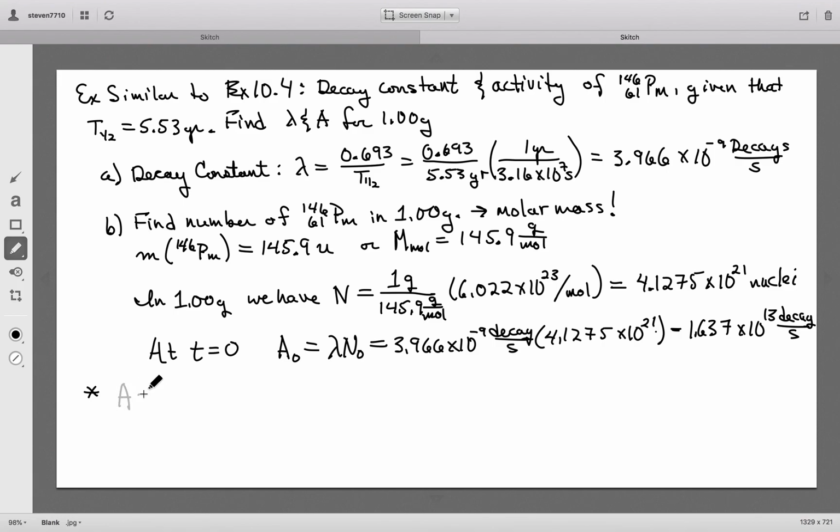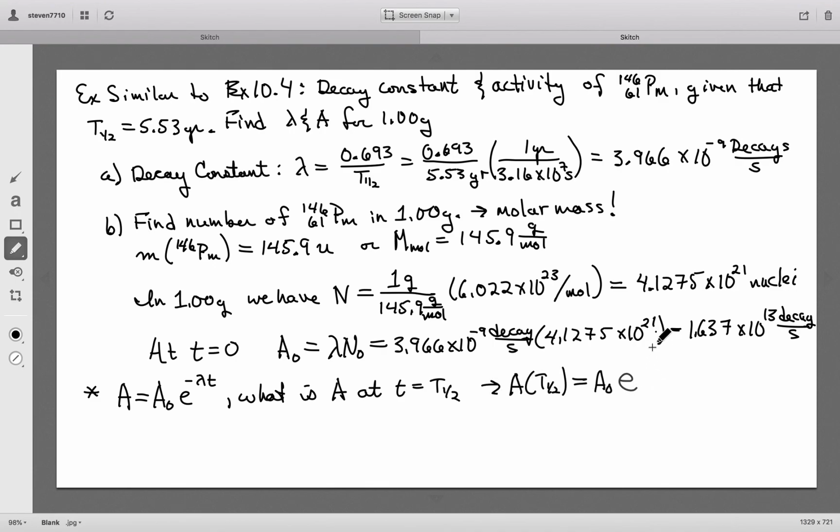If A equals A0 e to the minus lambda t, and you go ahead and ask, what is A at the time of 1 half-life, shouldn't be a big surprise what you get. Let's input that. The activity at 1 half-life of time is equal to your initial activity.